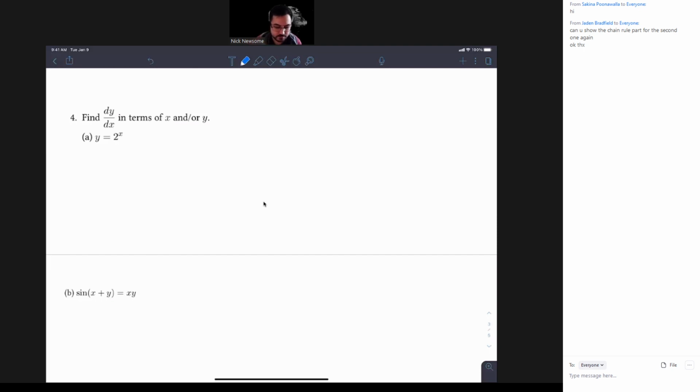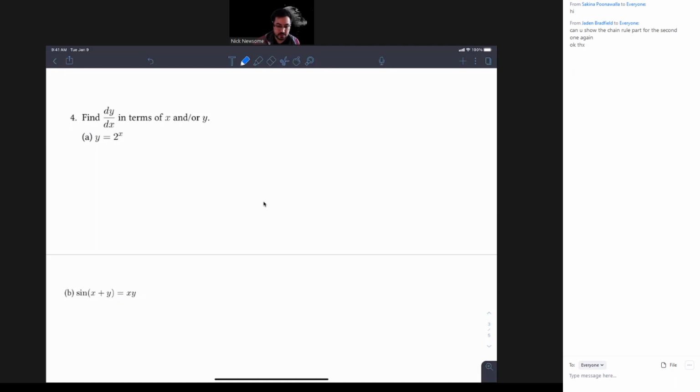All right, so this first one, we got y equals 2 to the x. There are 2 ways to do this. We can use what's called logarithmic differentiation, or a number raised to the x power has a derivative formula itself. Either way is fine. Personally, I like the logarithmic differentiation one better because it stops you from thinking that maybe you have a power rule.